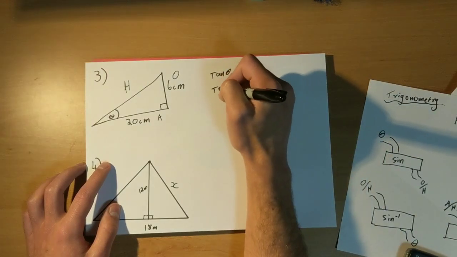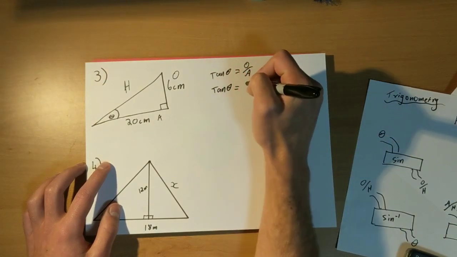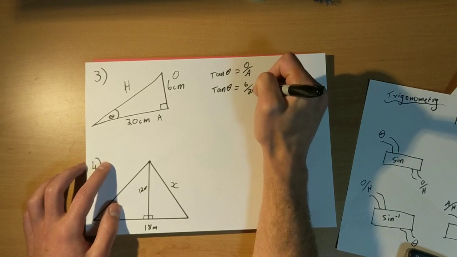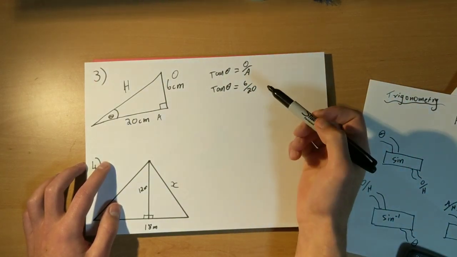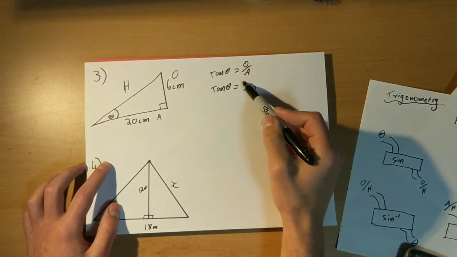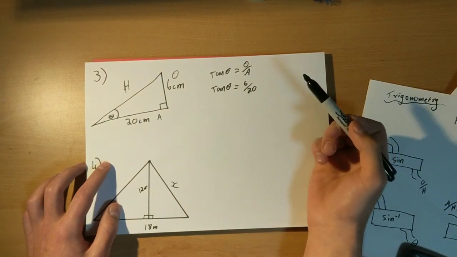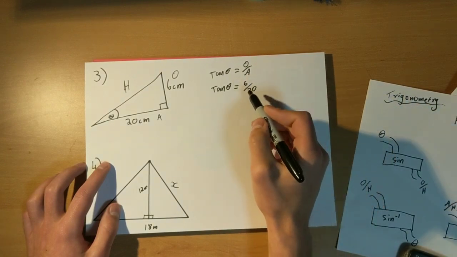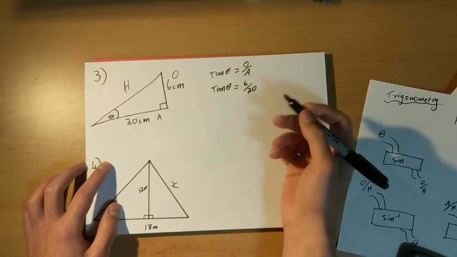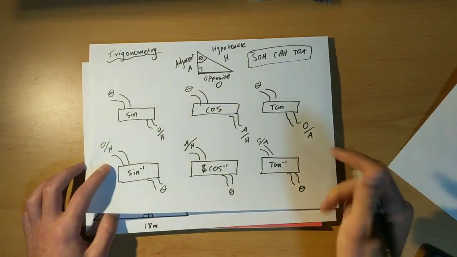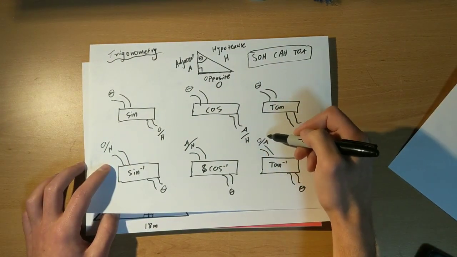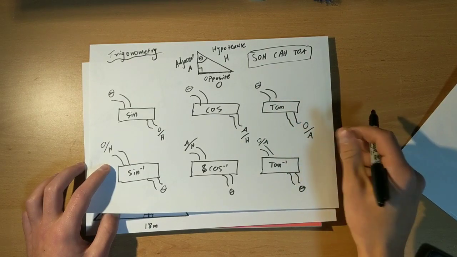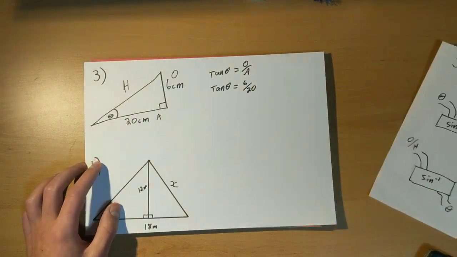Let's put in whatever numbers I have. Tan theta equals 6 over 20. And now, because I have both numbers on this side, 6 divided by 20, well, that's just a number. So I have an input that I can put into my upside down machine. I have opposite over adjacent that I can put into this machine to get an angle out the other side.